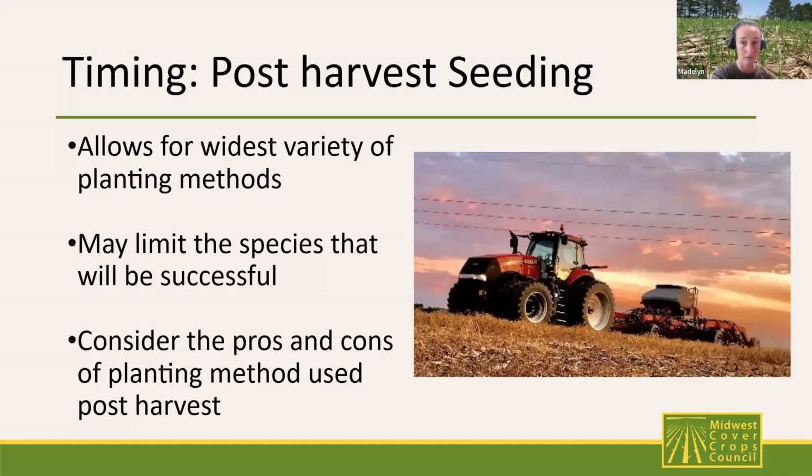And so while this works for a lot of people, because post-harvest seeding is the most popular, I would guess that's why cereal rye is the most popular as well, because cereal rye is one of the few species that are going to really consistently, successfully establish and overwinter in a post-harvest seeding situation.